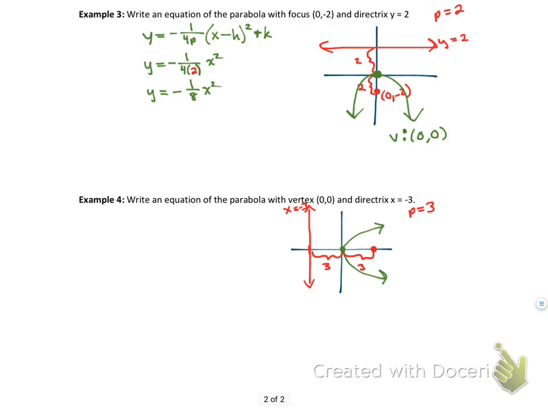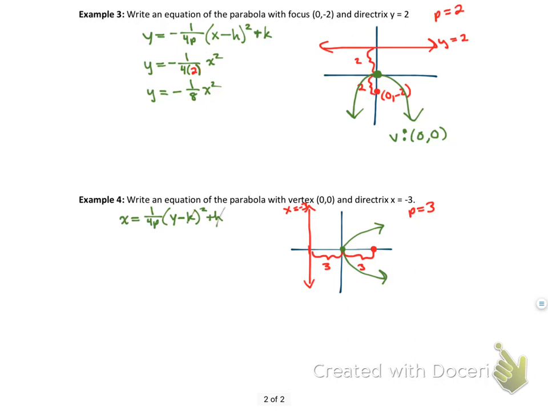So, because we have our vertex and our equation, the equation, because it's opening to the right, is x equals. Okay, it is opening to the right, so it's positive, 1 over 4p. Then y minus k squared plus h. And again, that formula is on that page before. Now, hk, again, because it's 0, 0, those just go away.